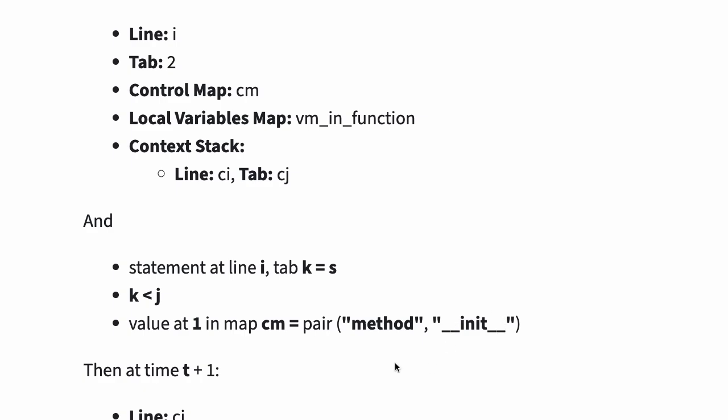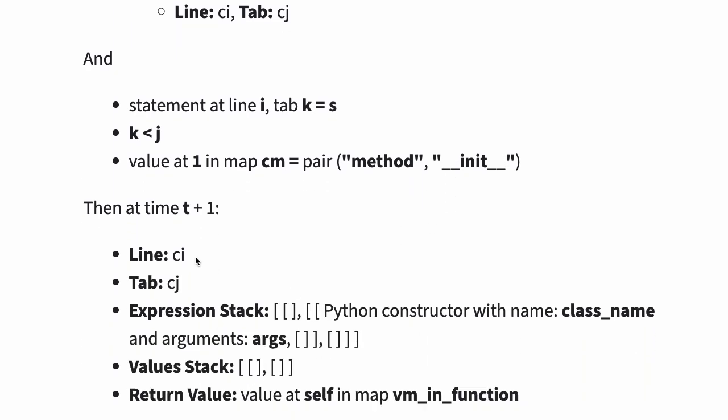Then at time t plus 1, line is ci, tab is cj, and Python has restored the constructor call into the expression stack, and the return value is the value at self in map vm in function.